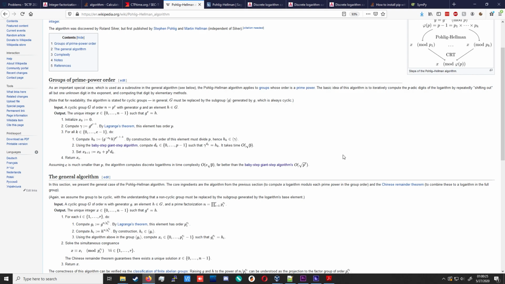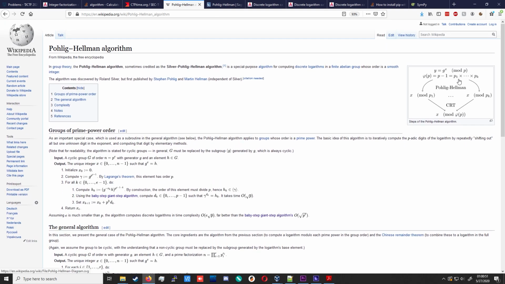So at a high level, Pohlig-Hellman does what we call subgroup decomposition in terms of the prime factors of our modulus. If our modulus is composite, meaning it has more than 2 divisors and is not prime, then we can break it up into a bunch of prime factors, and we can solve modular congruences for the discrete log problem, mod each of those factors, and then combine the result by Chinese remainder theorem. You'll see that in the diagram right here, where it breaks it up into prime factorization, solves the individuals, and combines it by Chinese remainder theorem.